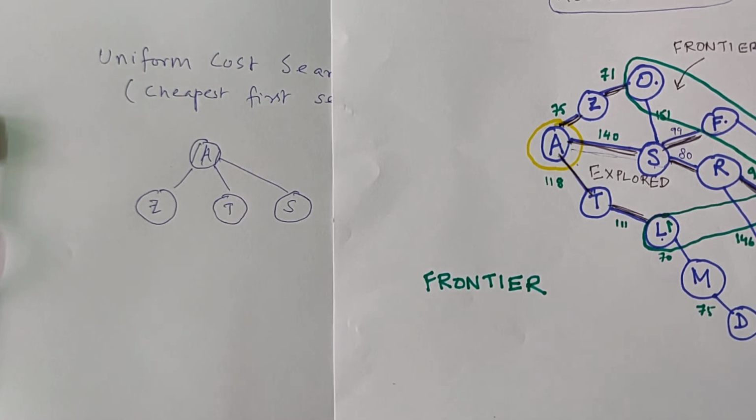But in uniform cost search, I will have to open or explore that node first which gives me the minimum total path cost from the start node.